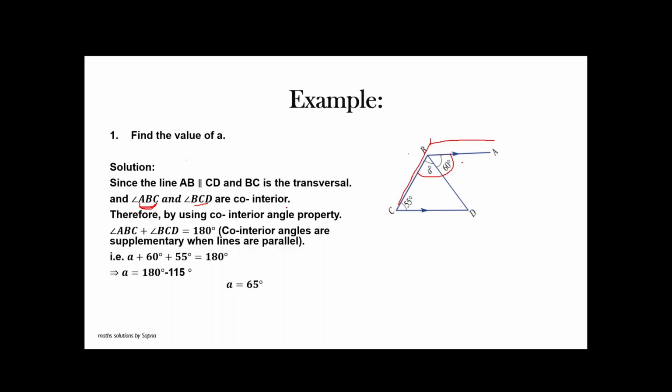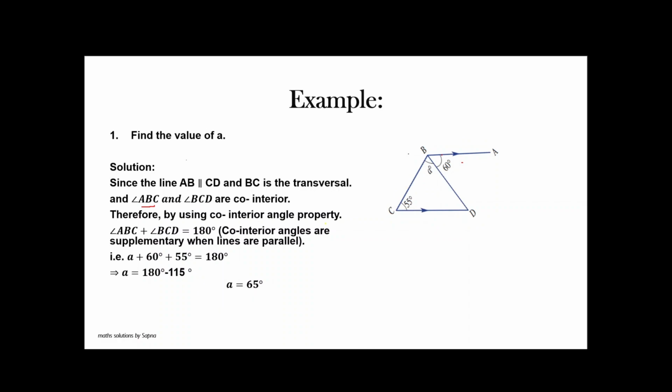That's how the name is angle ABC, correct? Similarly, if I say BCD, focus over here, BCD, angle is getting formed on C. It's starting from B, getting formed on C. That's why the name is BCD. This is 55 degrees. I hope it's clear to you, right? So angle ABC and BCD are co-interior.